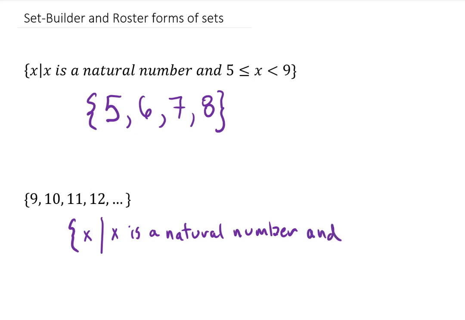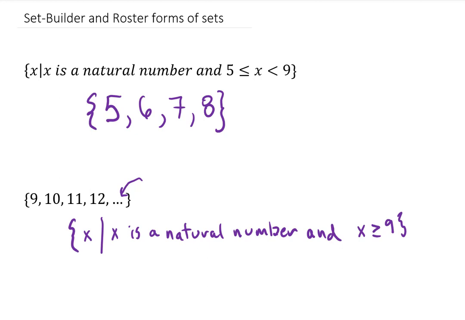We have the numbers 9, 10, 11, and 12, and the dot, dot, dot you see here means "and continuing." So it's actually 9, 10, 11, 12, 13, 14, 15, 16, and so forth forever. So these are the numbers that are bigger than or equal to 9. Right? 9, 10, 11, 12, and so forth are all of the numbers that are bigger than or equal to 9.